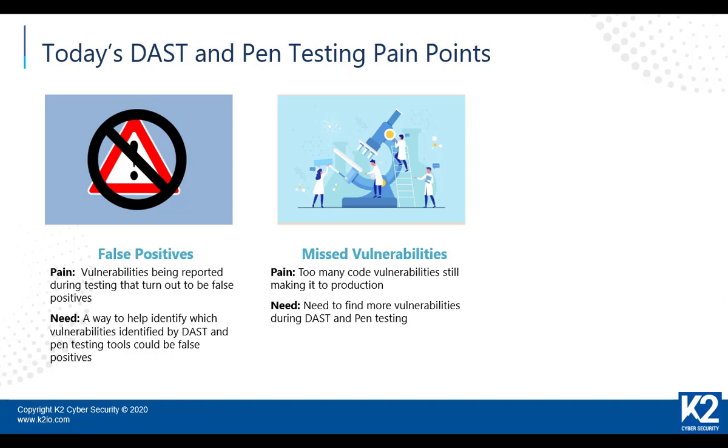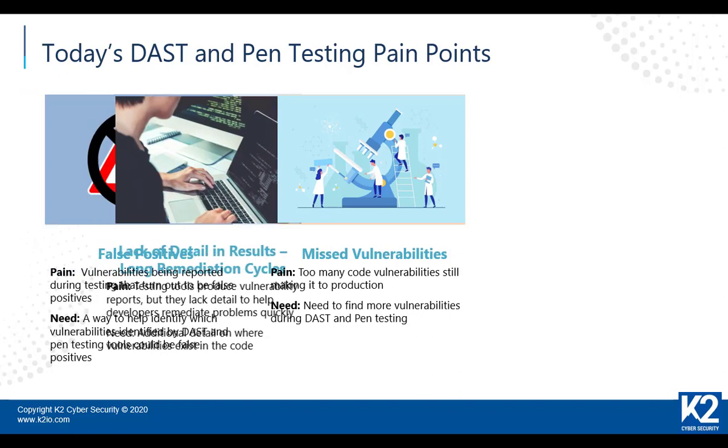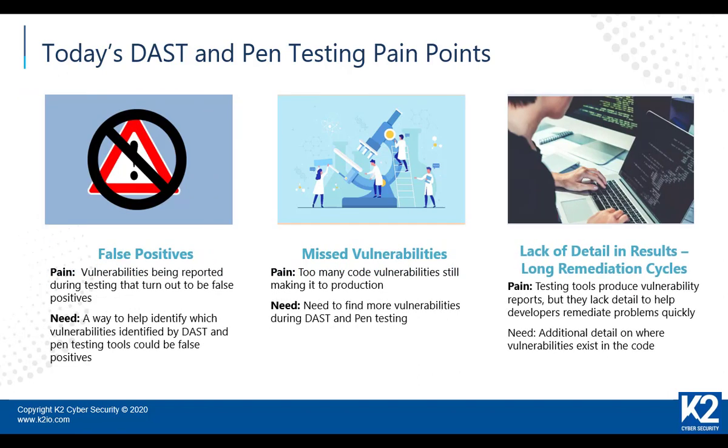Testing tools need to find more vulnerabilities during your test cycles. And finally, when you do get reported vulnerabilities from your tools, there's a lack of detail on the vulnerabilities, increasing the amount of remediation time needed to resolve the problem. Getting more information on the vulnerability would help in reducing the amount of time needed for remediation.